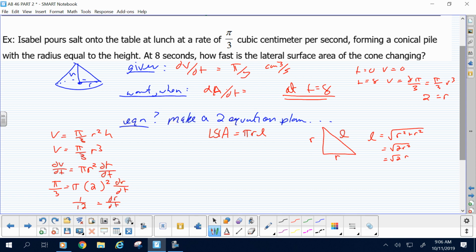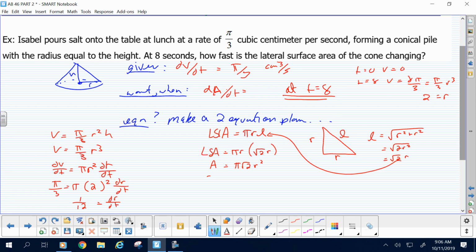Okay? Now I can say the lateral surface area is pi r times root 2 r, or pi root 2 r squared. We're oh so close. I'm just going to shorten it down to A. All right, now what do we do?